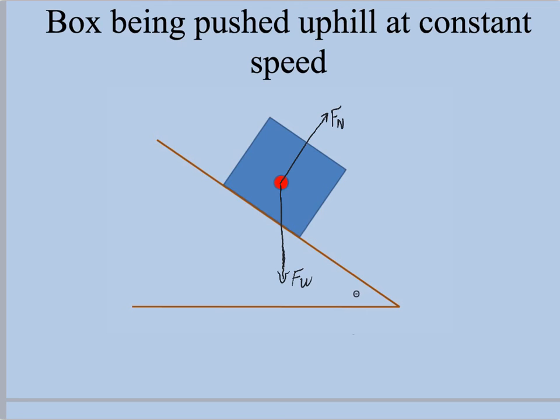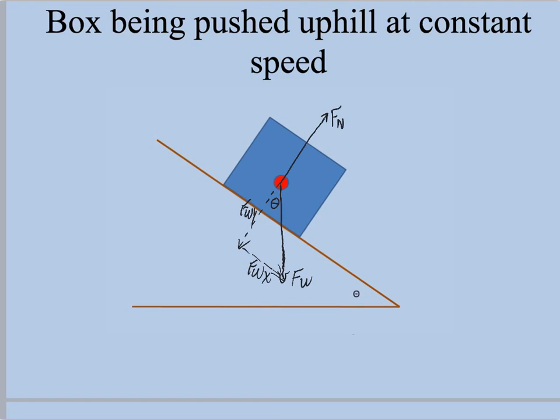Go ahead and draw our components for our FW vector, the x and y components. Remember, they make a 90-degree angle. So here's FWX, and here's FWY. There's our angle theta.